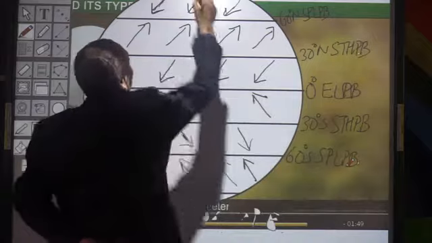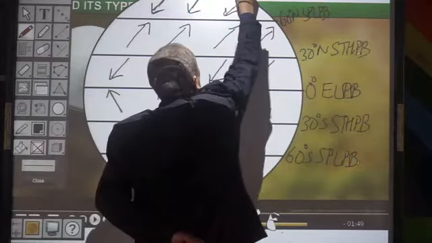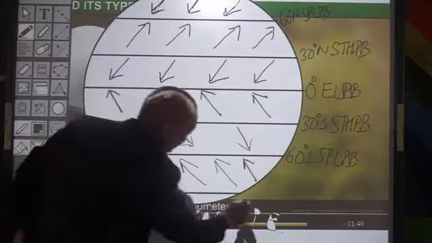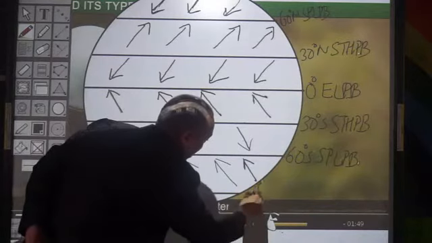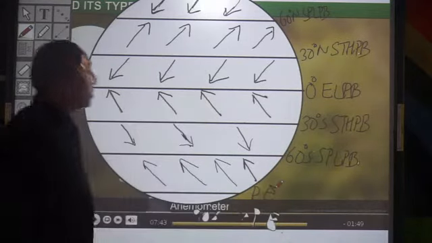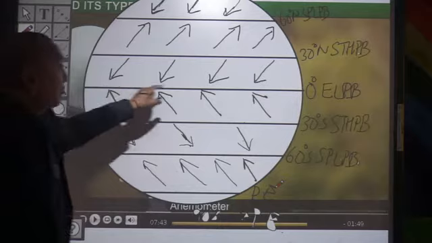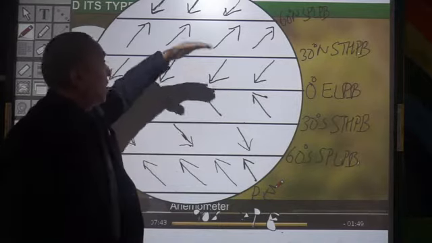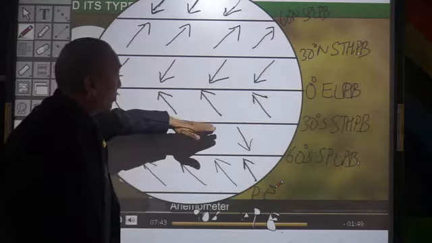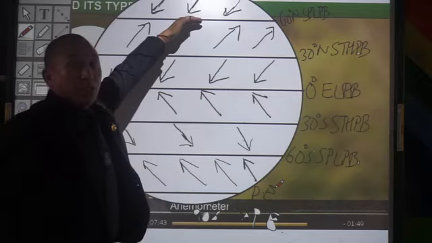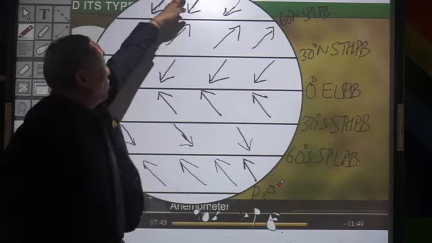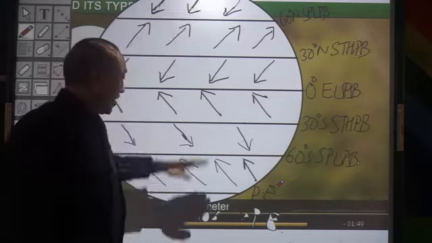And then we have 90 degrees, that is the polar easterlies. So these are the different areas: equatorial low pressure belt, subtropical high pressure belt in the north and south, subpolar low pressure belt in the north and south, polar high pressure belt in the north and south.